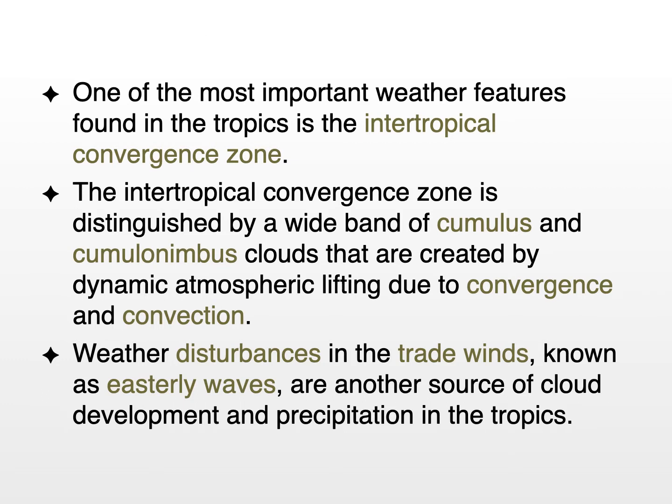Weather disturbances in the trade winds known as easterly waves are another source of cloud development and precipitation in the tropics. And these tend to form over the oceans that have warm temperatures, over 26 degrees Celsius surface sea temperatures. And as I said, these disturbances are seasonal. They're late summer, early fall.